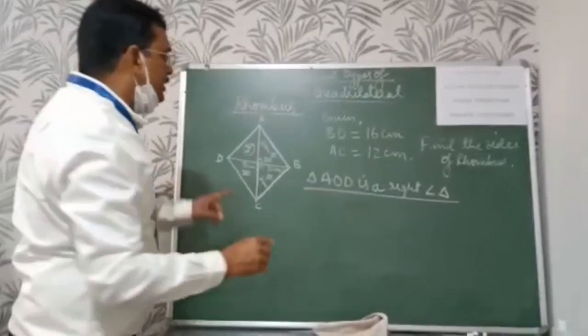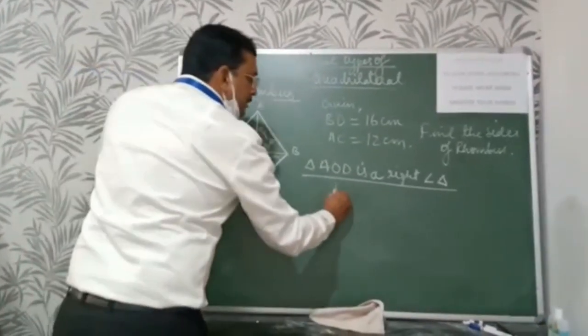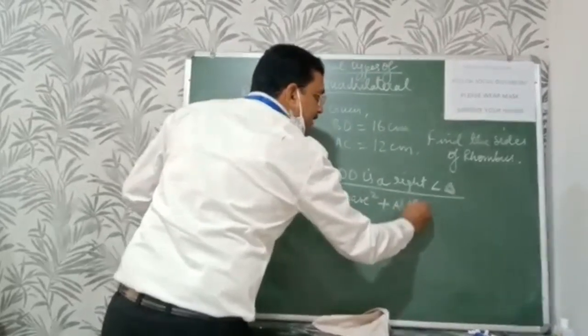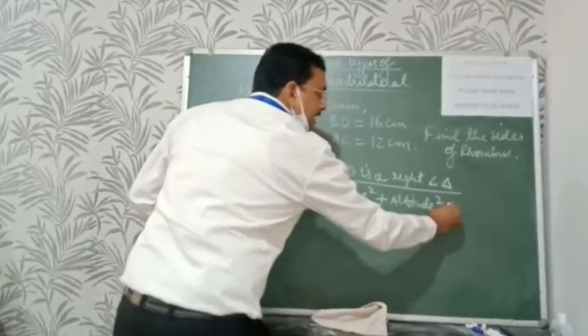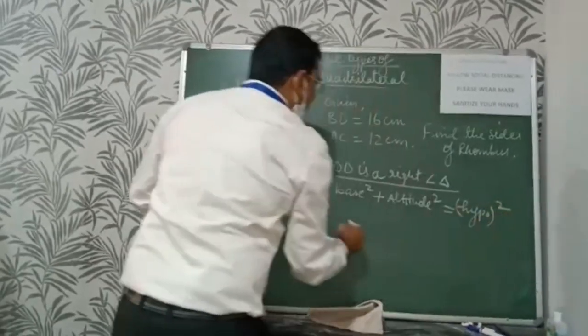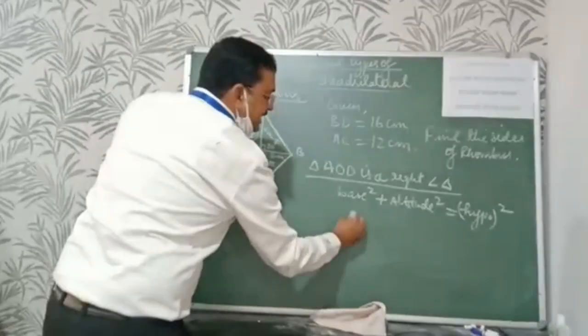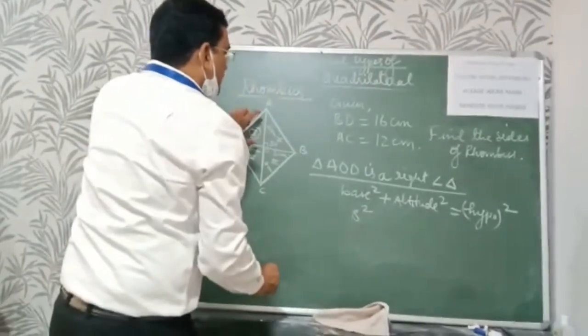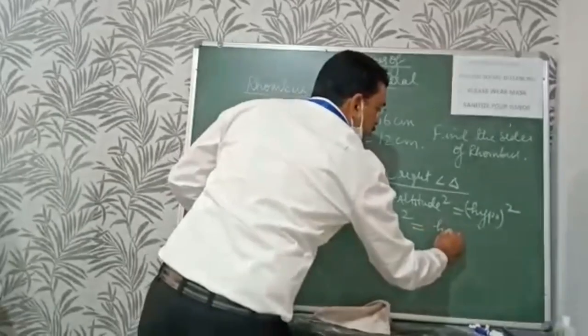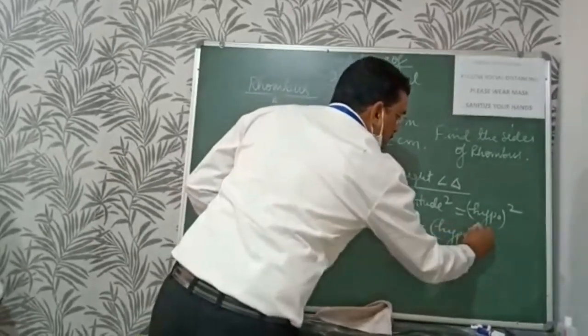According to the Pythagoras theorem, base square plus altitude square is equal to hypotenuse square. What is the base here? 8 square. What is the altitude? 6 square is equal to hypotenuse square.